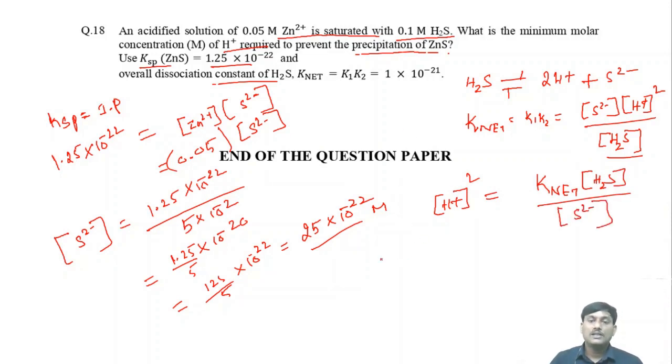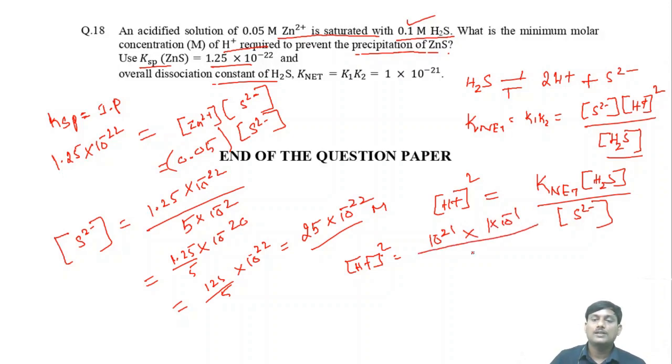What is the K net value? H plus squared is equal to 10 to the power of minus 21 into the H2S concentration, 1 into 10 to the power of minus 1, divided by the concentration of S2 minus, 25 into 10 to the power of minus 22.